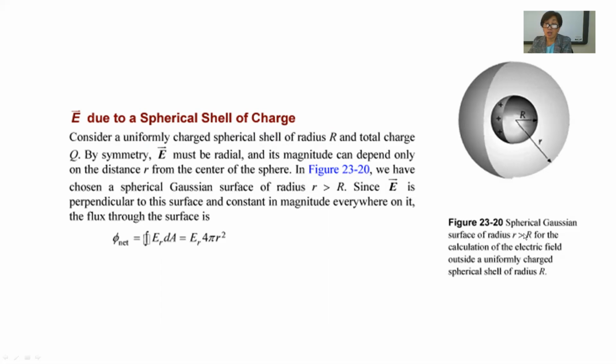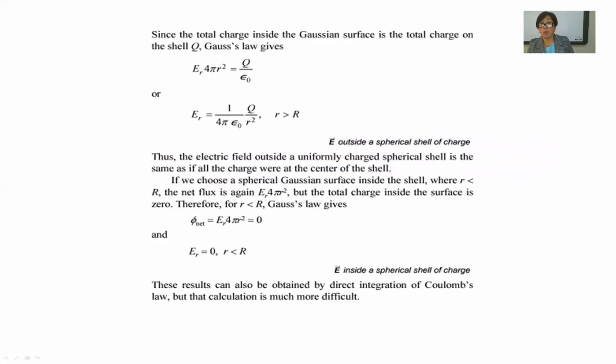This is a spherical Gaussian surface of radius r for the calculation of the electrical field outside a uniformly charged spherical shell. Outside the shell, the electrical field intensity is KQ divided by r square, where K replaces 1 divided by 4π epsilon 0.